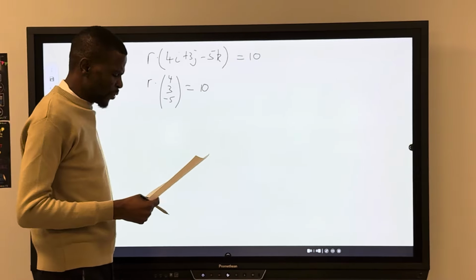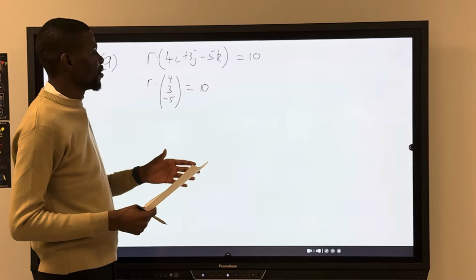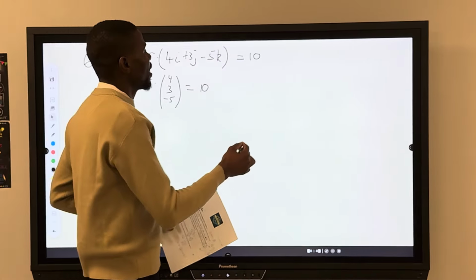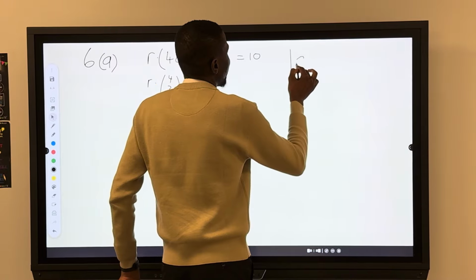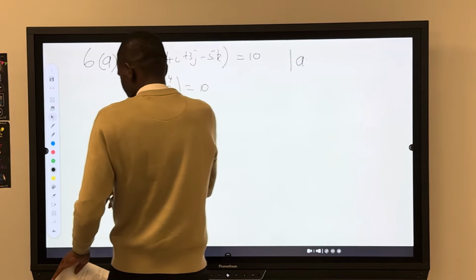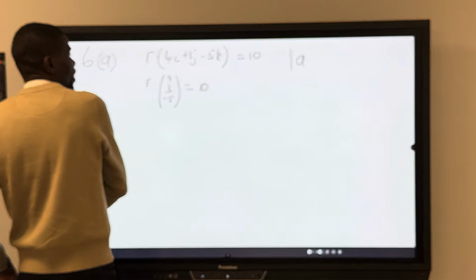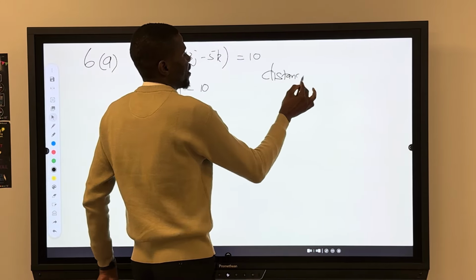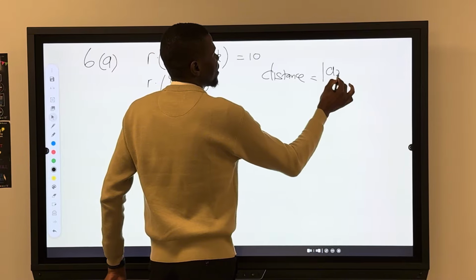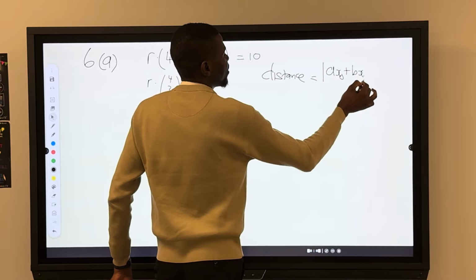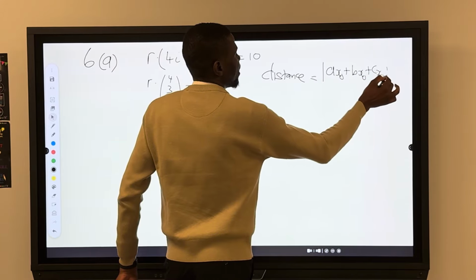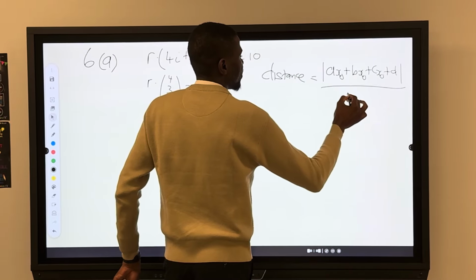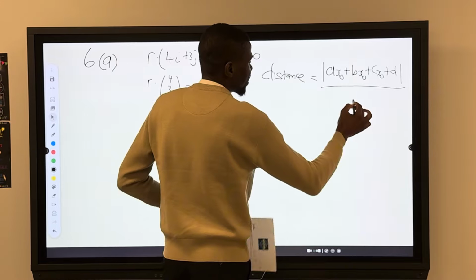So we are going to use the point to plane distance formula. Remember, let me write it in full. The formula should be distance equal to (a x naught plus b y naught plus c z naught plus d) over the square root of the normal, that's the normal vector here.